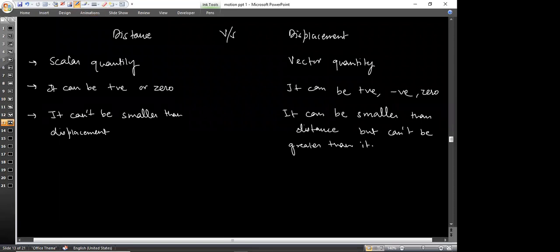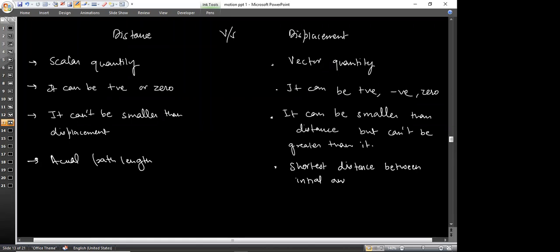Okay, got it. So displacement we can write: it is the actual path covered, actual path length, and this one is the shortest path length, shortest distance between initial and final position.